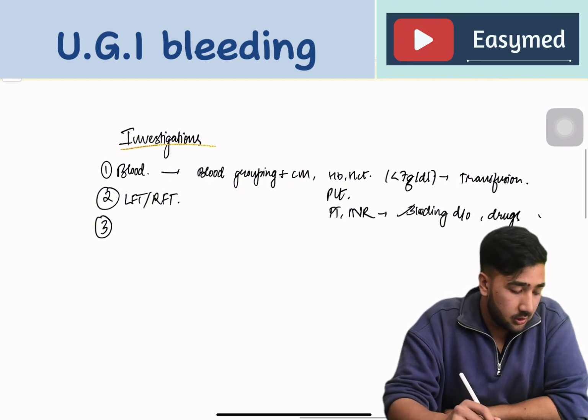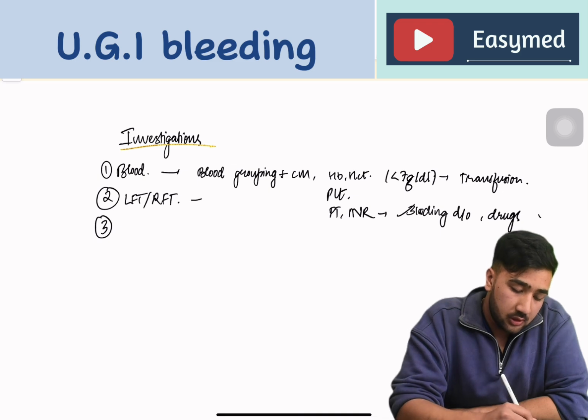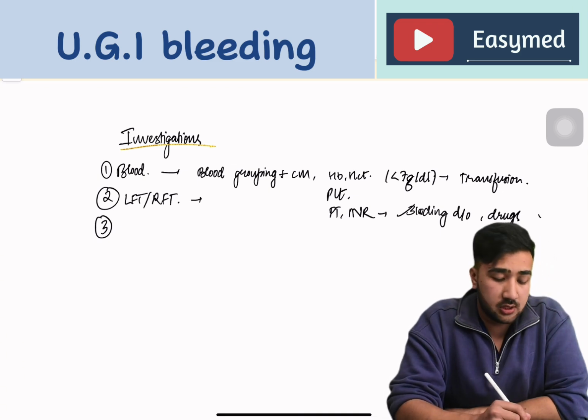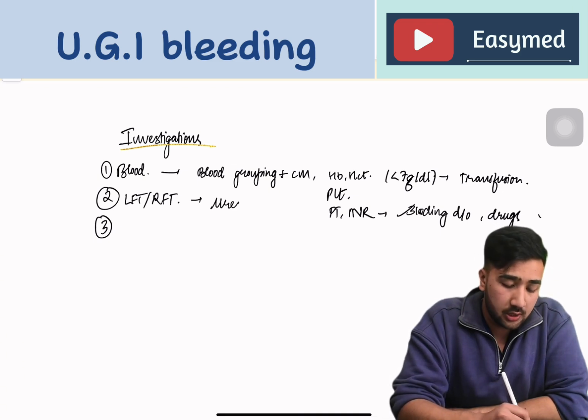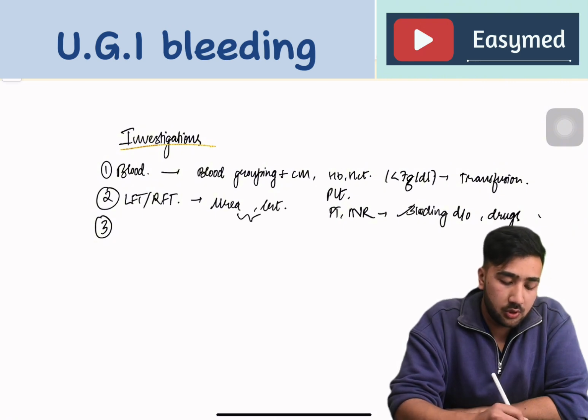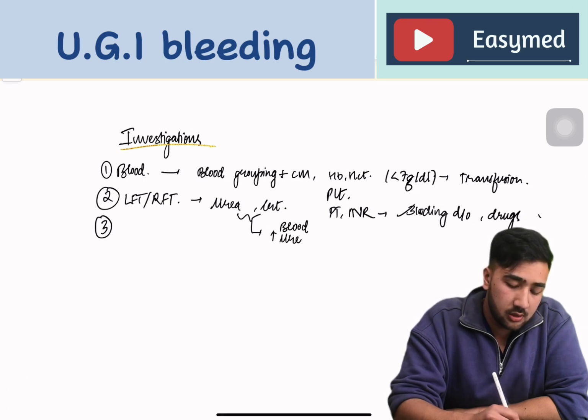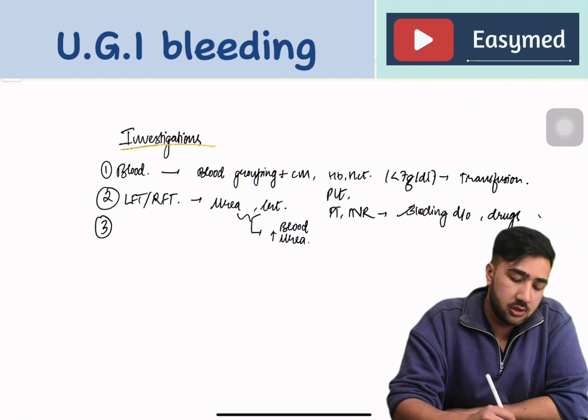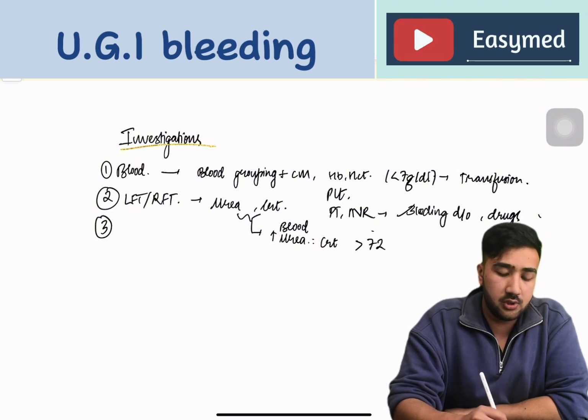And a very important investigation in case of UGI bleeding is urea and creatinine. It also helps to separate between UGI bleeding and LGI bleeding, because in case of UGI bleeding, the blood urea is very much elevated, and the ratio of urea to creatinine is usually more than 72.